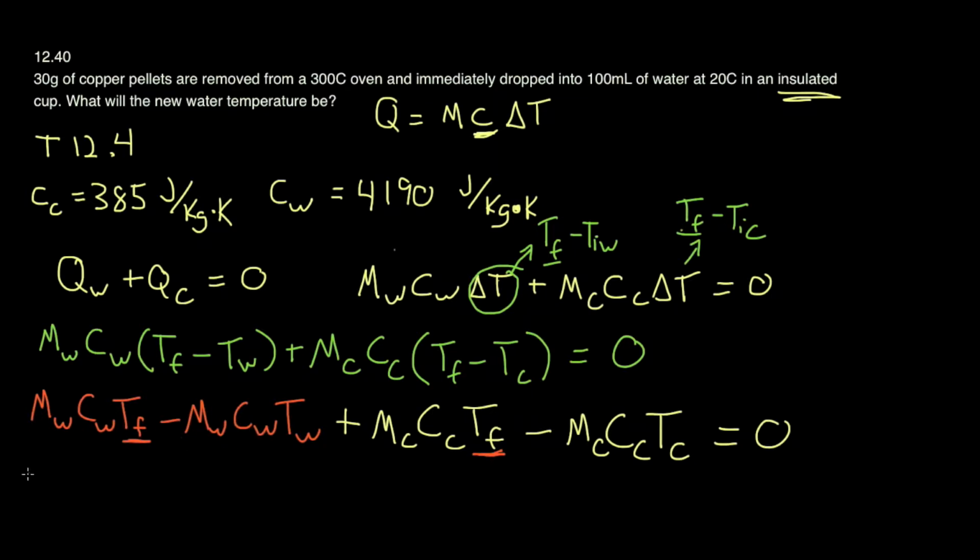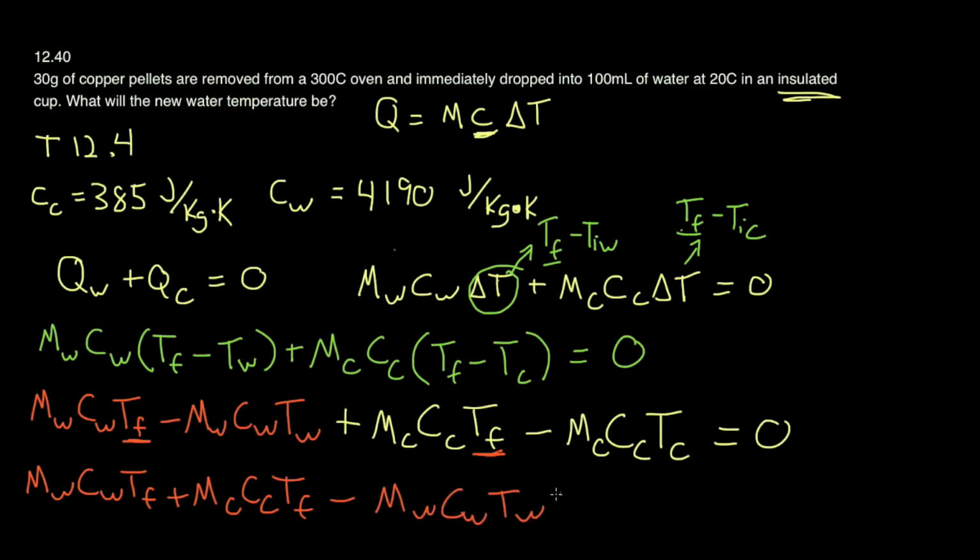And so if I rearrange this equation, M sub W, C sub W, T sub F, plus M sub C, C sub C, T sub F, minus M sub W, C sub W, T sub W, minus M sub C, C sub C, T sub C. This is going to be equal to 0.